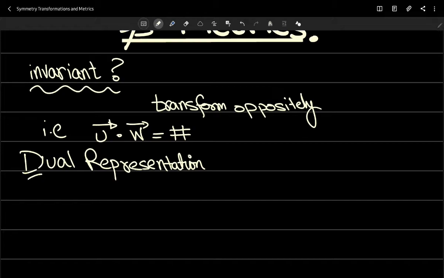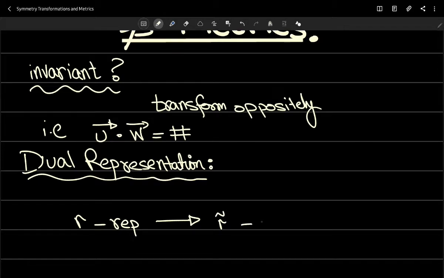Right. So say you have, for any matrix representation R, we can form a dual representation, and that would be represented as R tilde. This is a dual representation, right?